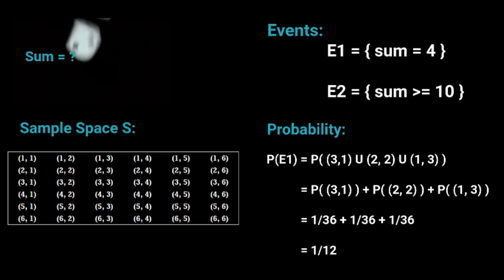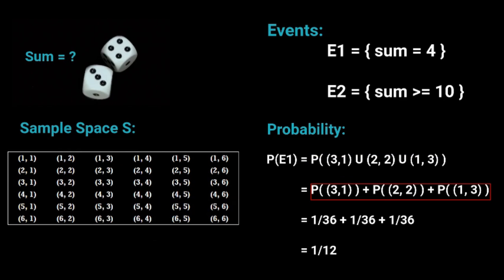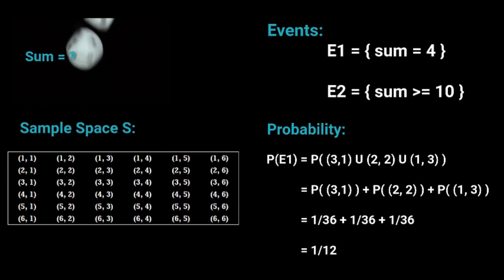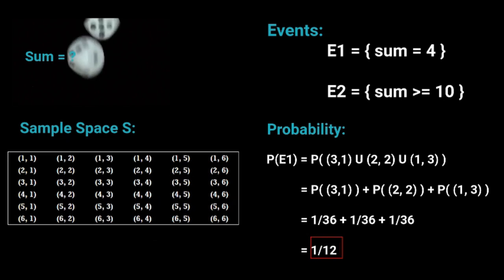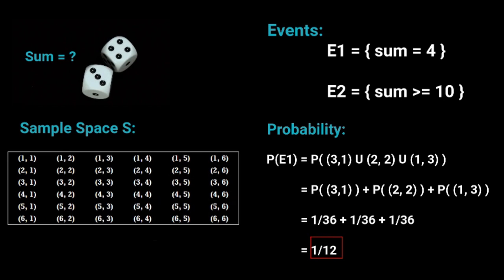From axiom 3, we can write the probability of event 1 as the sum of individual probabilities of these outcomes. Since each outcome has the probability 1 by 36, by substituting that in this equation, we get the probability of event 1, sum equal to 4, as 1 by 12.